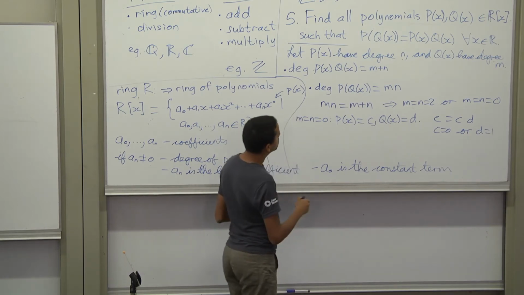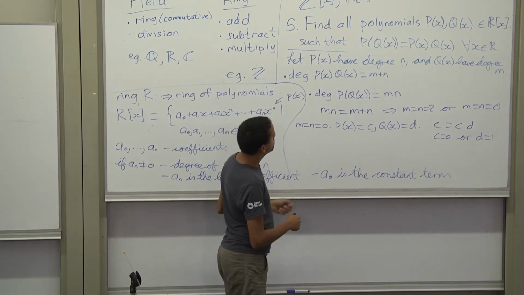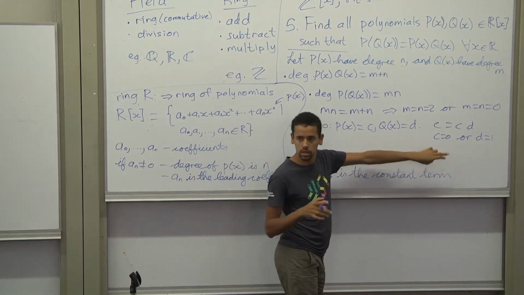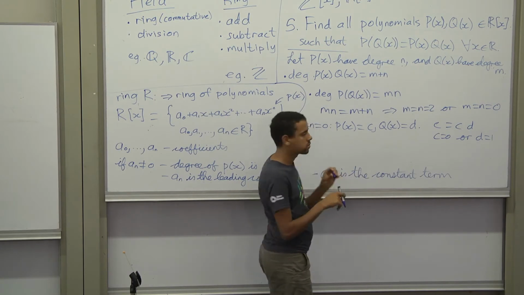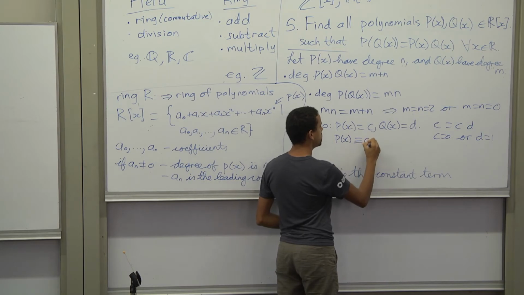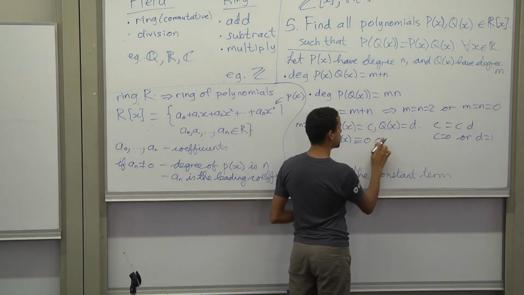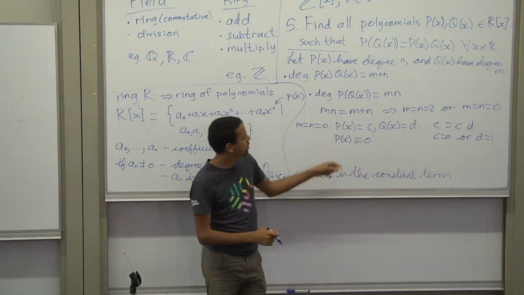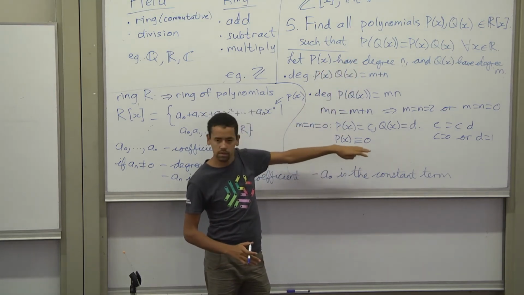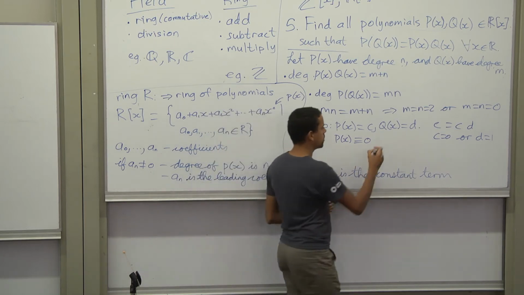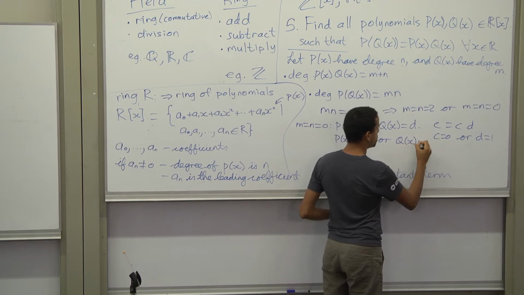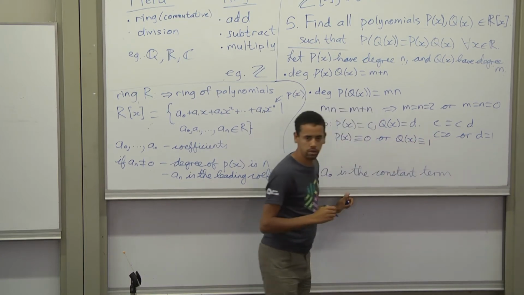So in this case, your solutions are, if c is 0, that means p is actually the 0 polynomial. So either p of x is always 0 and q of x can do whatever it wants, and you can check by putting that in there, that is a valid solution, or if q of x is the constant 1 polynomial.